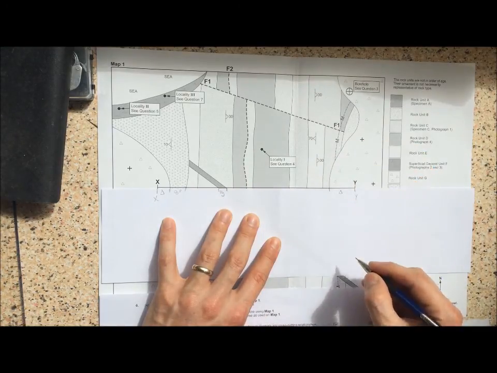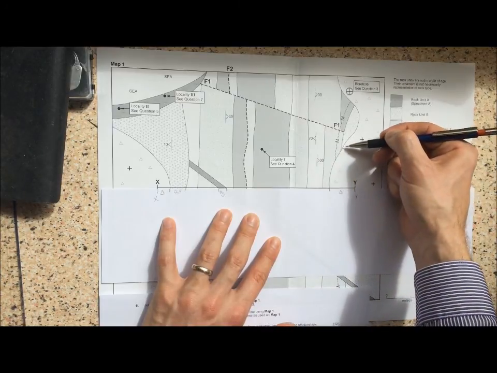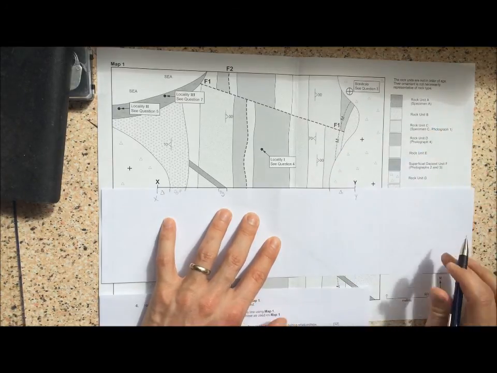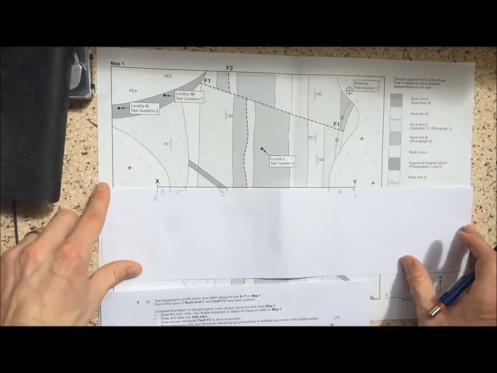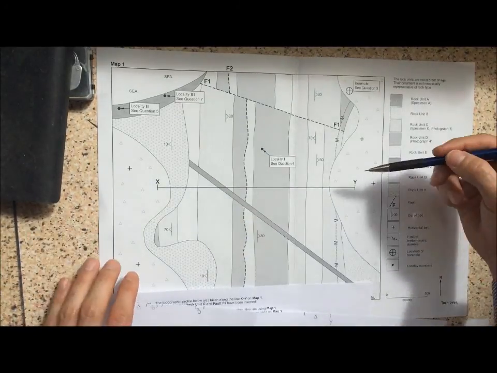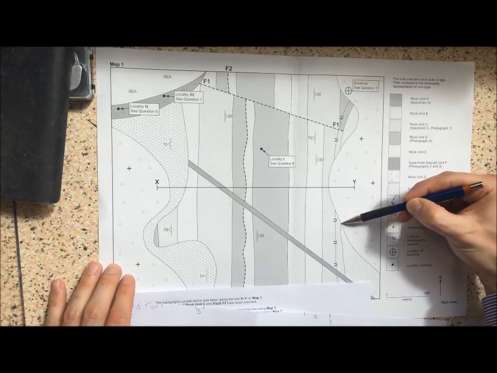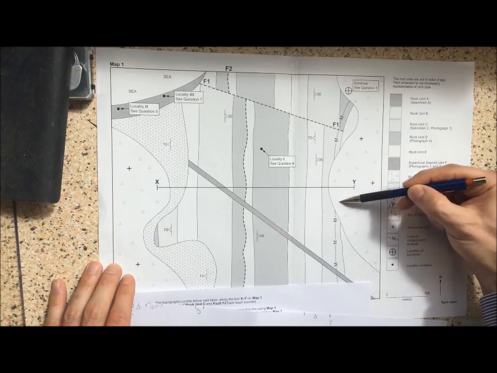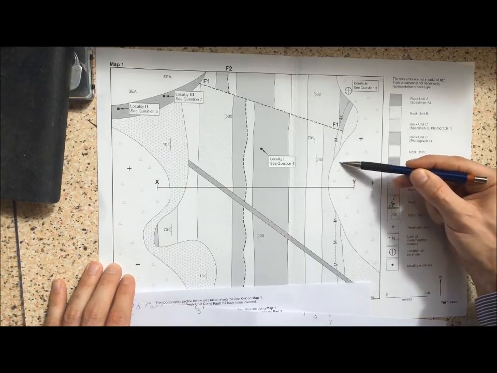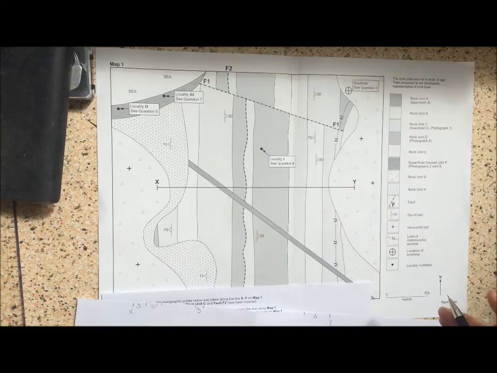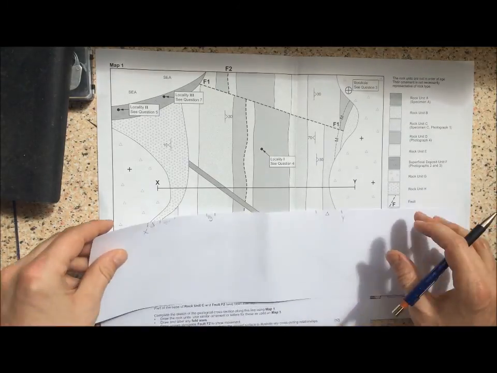And now we can see that we're going to run into a problem with putting on the intrusion. So what I'm going to do with the intrusion, I'm actually going to sketch in on the map. I'm going to connect up what would be the intrusion underneath that rock unit with the diamonds.